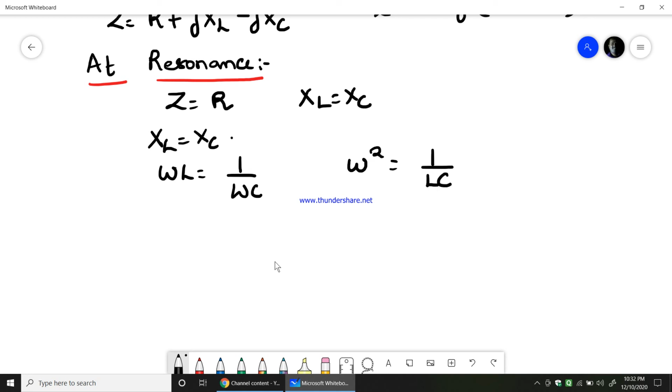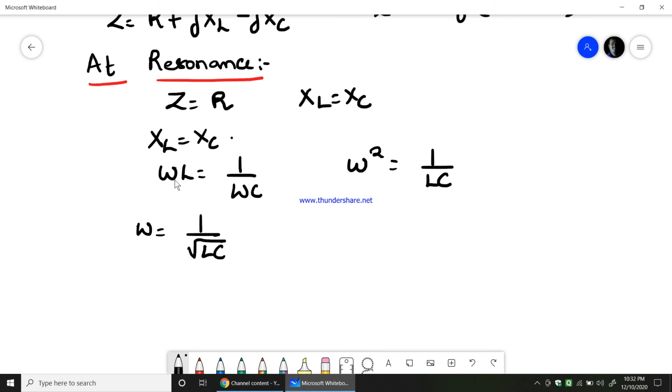So therefore, omega would be equal to 1 over root of LC.